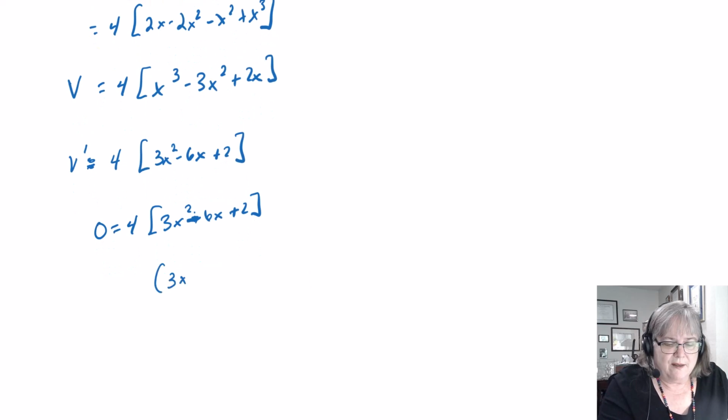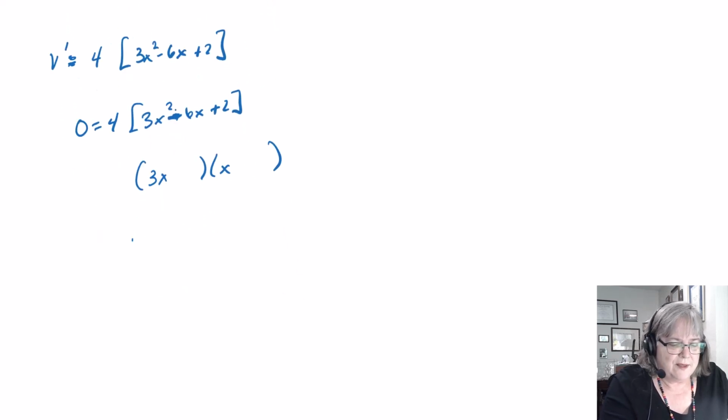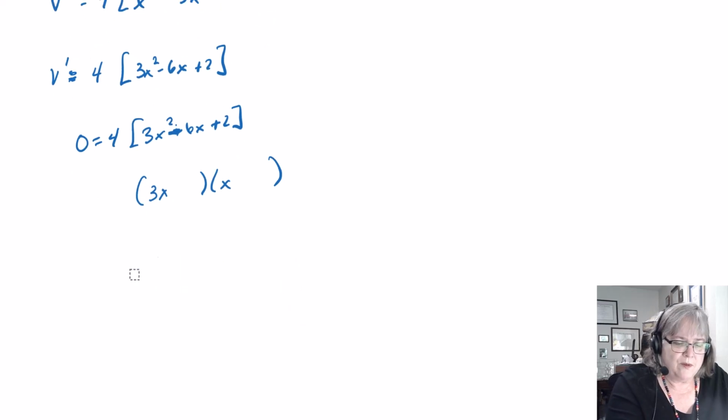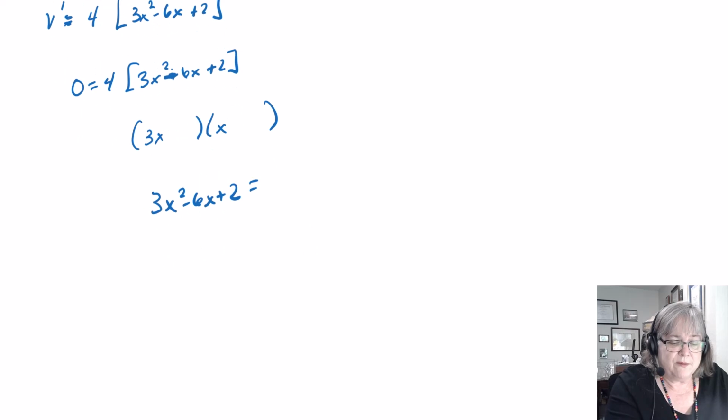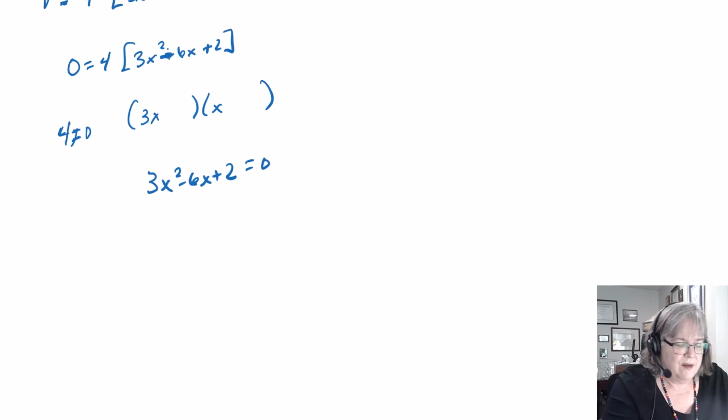Just because it doesn't factor doesn't mean you get to stop. So what we're going to do is set 3x squared minus 6x plus 2 equal to 0, because 4 cannot be 0, and we're going to run it through the quadratic formula. So here we go.